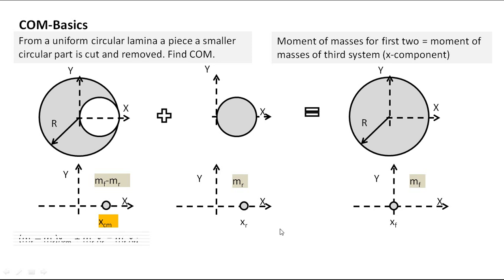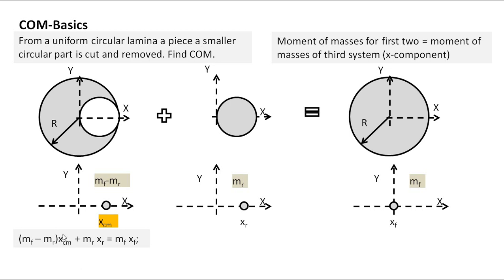Let's assume the x coordinate of the center of mass of this system is xcm, which we have to find. Mass is known. So the moment of this mass is mass into xcm, and the moment of this mass is mass into x coordinate, xr, which has to be equal to the mass of this arrangement, mf, into the x coordinate of its center of mass, xf.